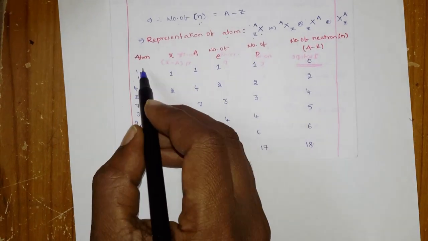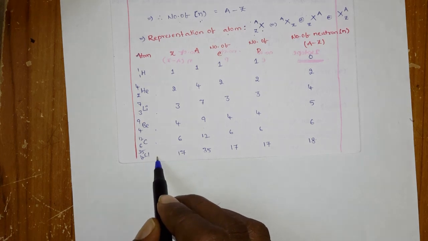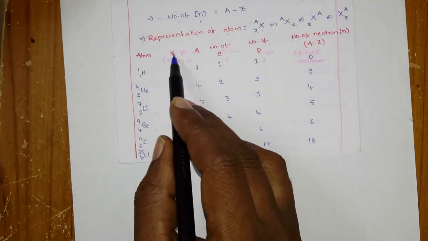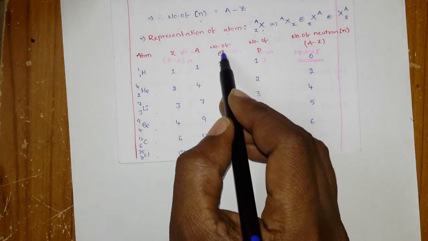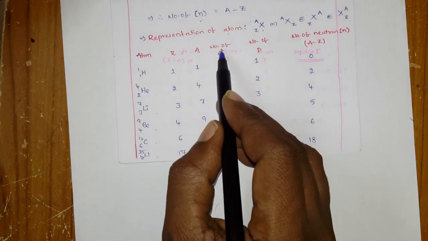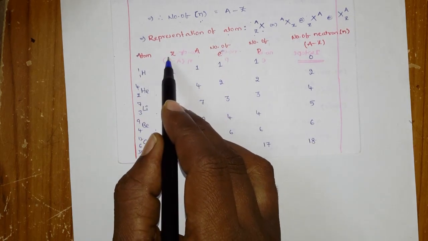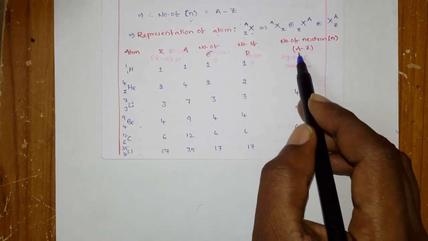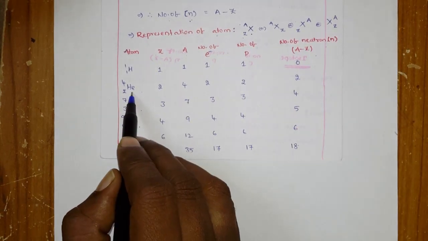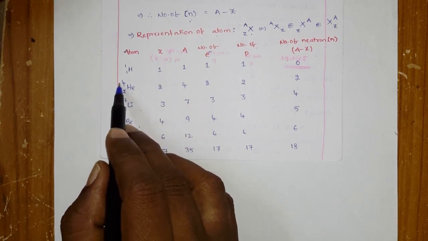Now you see the atoms: hydrogen, helium, lithium, beryllium, carbon, chlorine. In this you find the atomic number, the mass number, and the number of electrons. Already we said the number of electrons is equal to the atomic number in a neutral atom, and the number of neutrons you calculate as A minus Z. Come to helium: the atomic number Z is 2 and the mass number is 4.